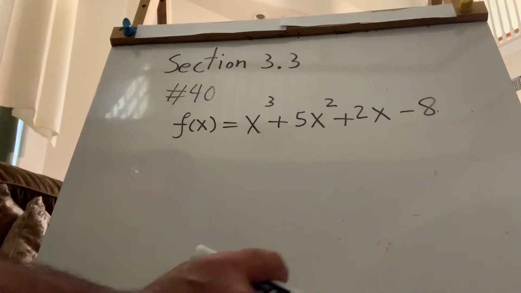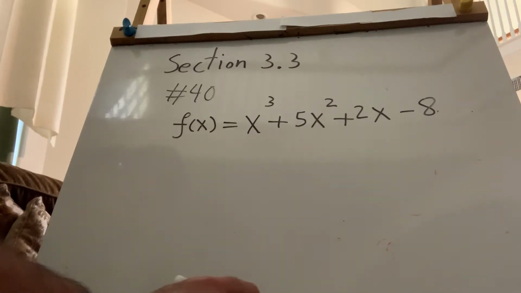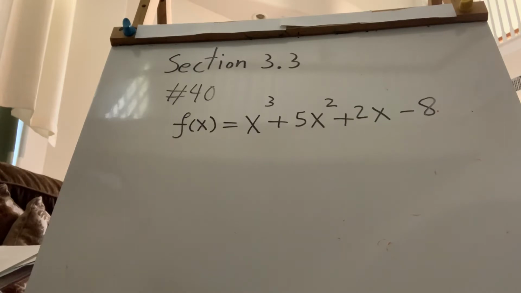Well, let me just read the instruction and then we'll work it out. Part A says, list all possible rational zeros.